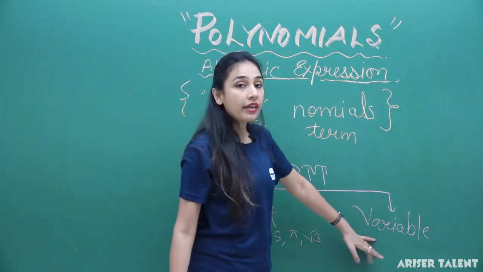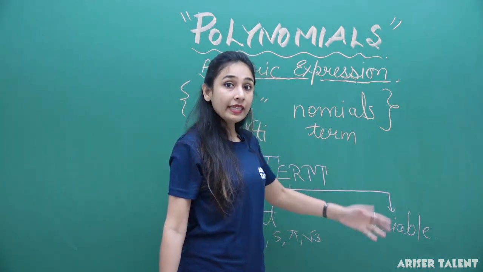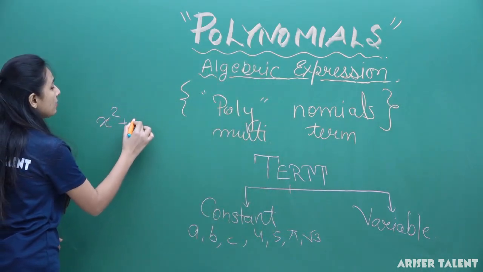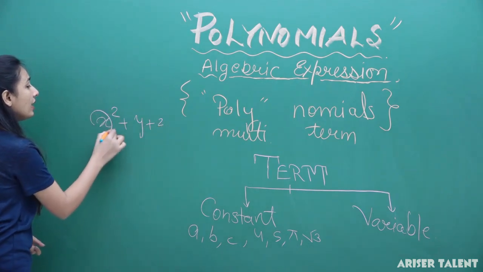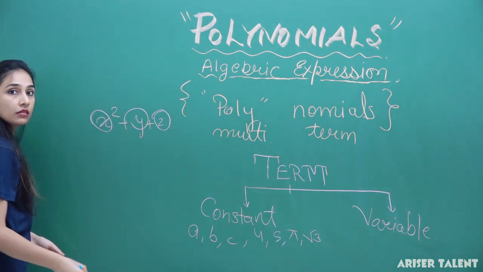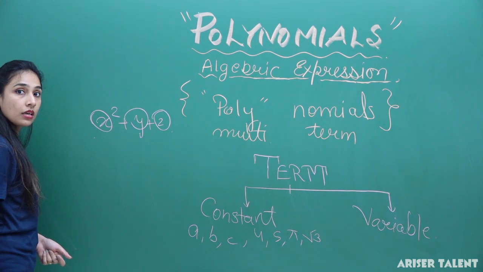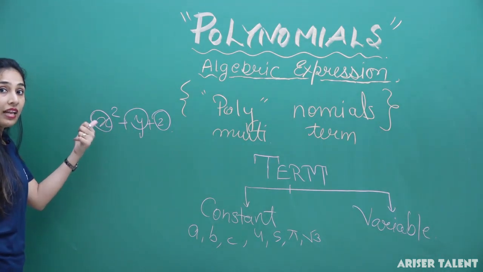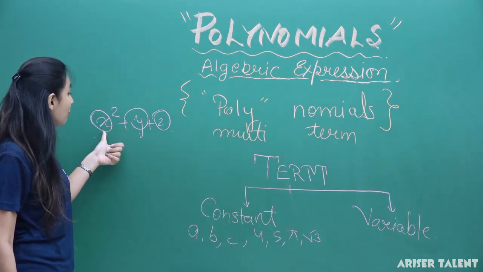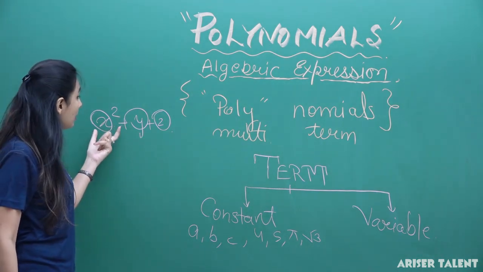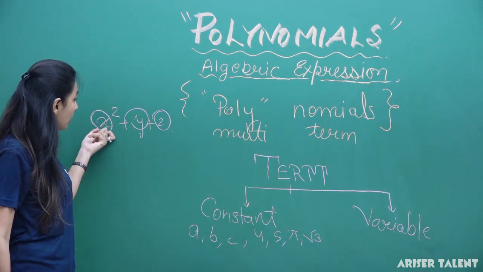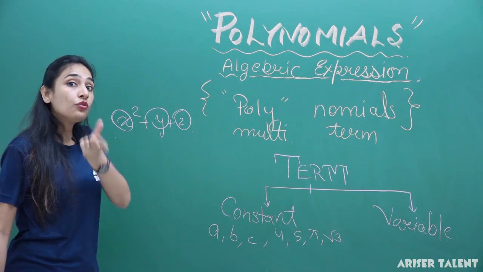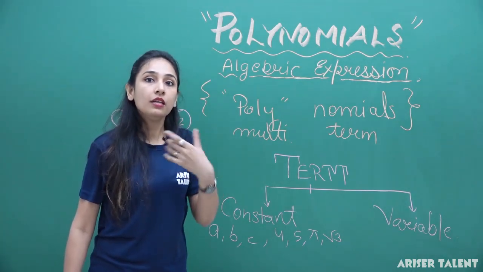Now move to the variable part. In an expression we talk like this: something x square plus y plus z. Now what are these? These are variables. The value of x can vary here. So this particular part of a term whose value may vary is a variable.